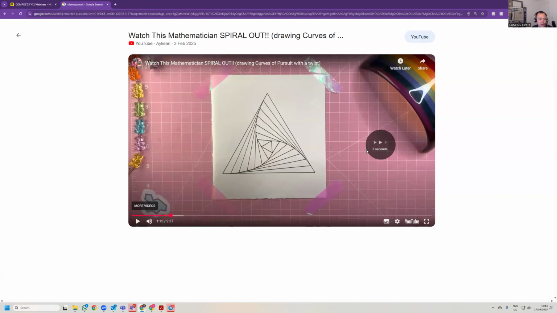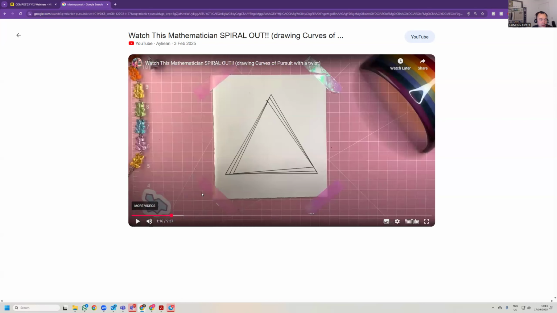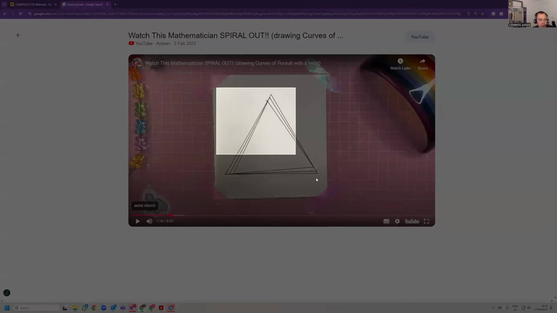So here's the triangle. You can see that this is what's going on.